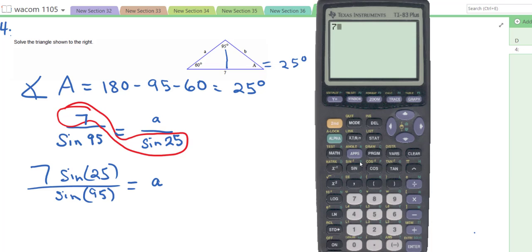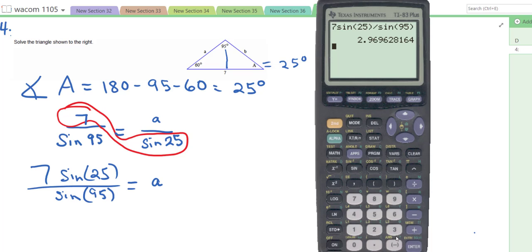So 7 times the sine of 25, close, and I'm going to divide all of that by the sine of 95, close, enter.